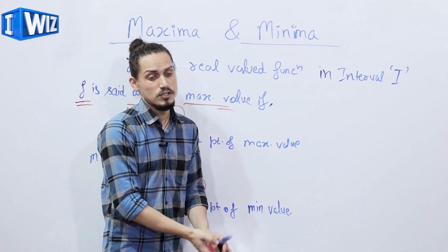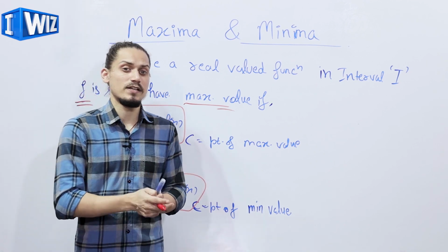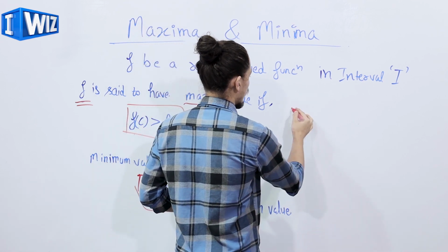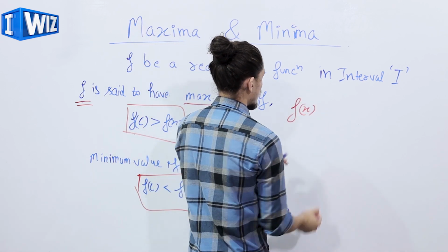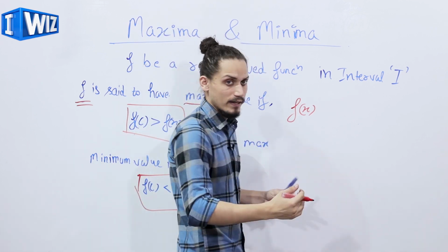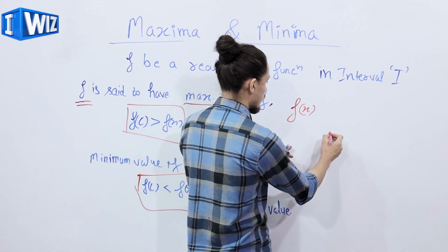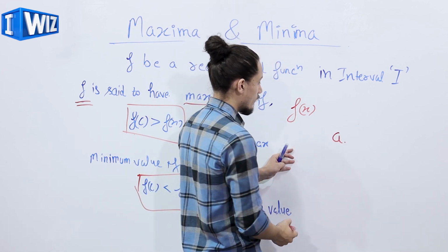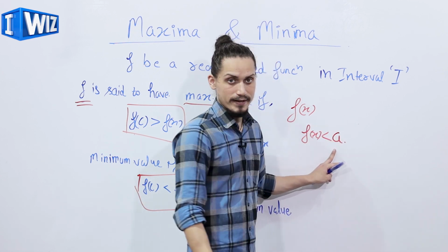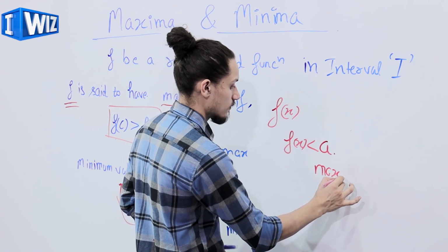This is the basic definition of maxima and minima, but the approach to the problems regarding maxima and minima is a bit different. So suppose that you have a function f of x, you have to find its maximum or minimum value. What you do, you have to somehow find a constant number, suppose a, and if you prove that f of x is less than this number a, then we say f of x has a maximum value.